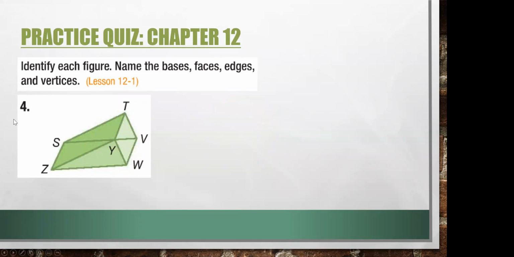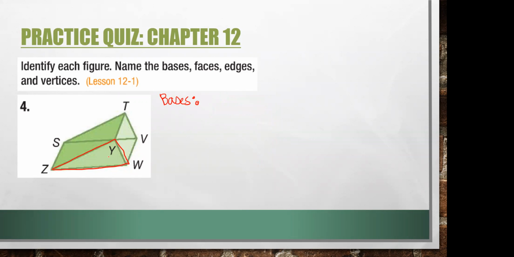It says, identify each figure named the bases, faces, edges, and vertices, okay? So for the bases, here our base is going to be a triangle right here.